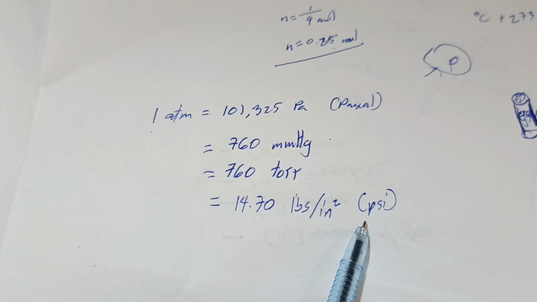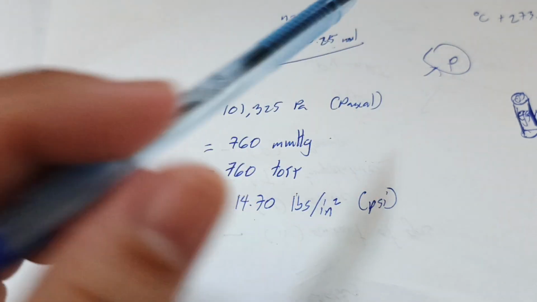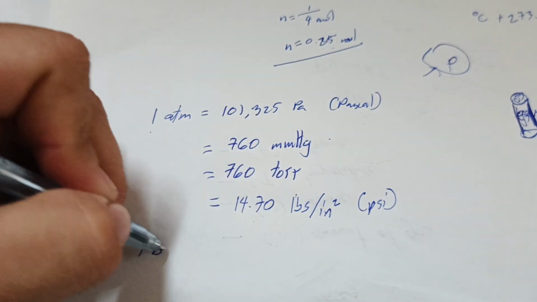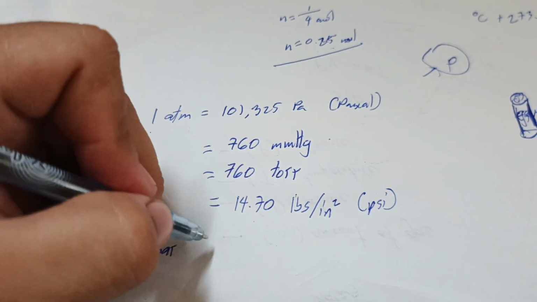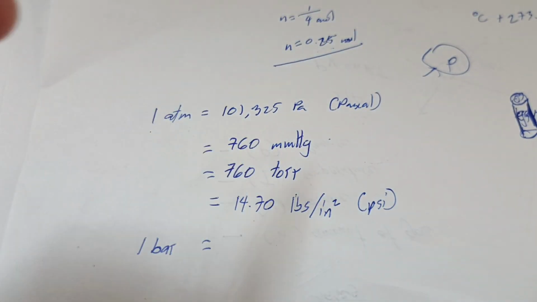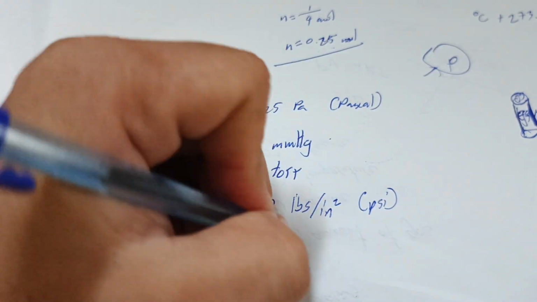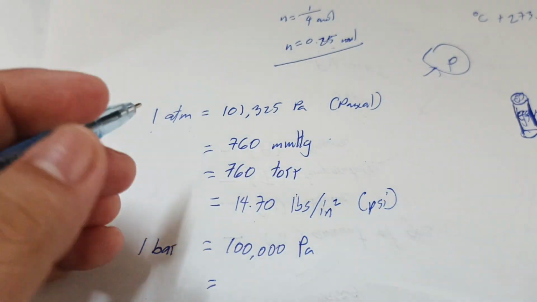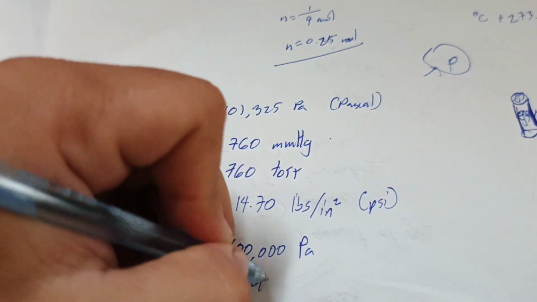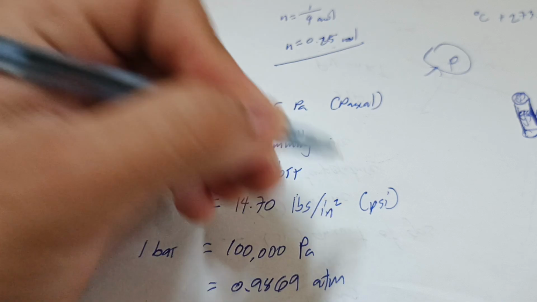units for describing pressure. And last, we also have here 1 bar. A bar is also another unit measure for pressure. 1 bar is equivalent to 100,000 Pascal, which is also equivalent to 0.9869 atm.